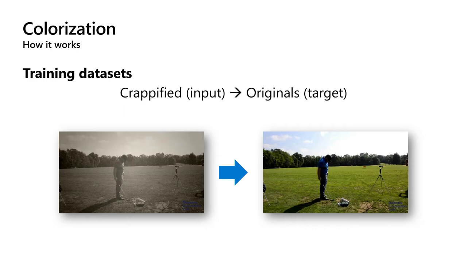So we have immediately thousands, if not millions of images that we can crapify, add noise, damage, and the targets, all in a supervised manner.